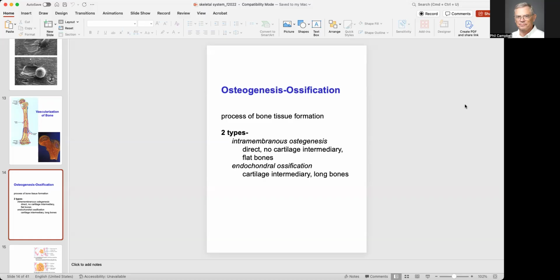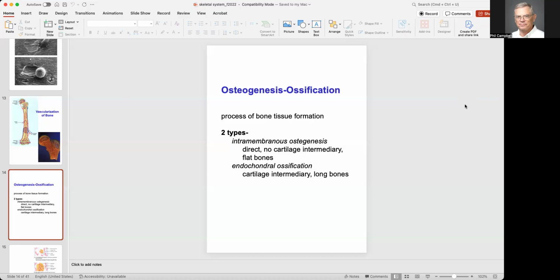Now, long bone formation has a more circuitous route. It is referred to as indirect or endochondral bone formation because we do not go from a stem cell population to pre-osteoblast to osteoblast to bone. We go from stem cells to chondroblasts, cartilage type tissue, and that gets remodeled and replaced with bone.